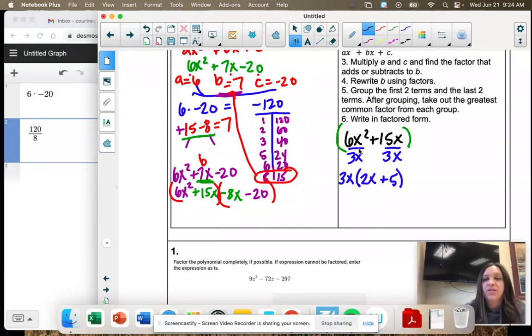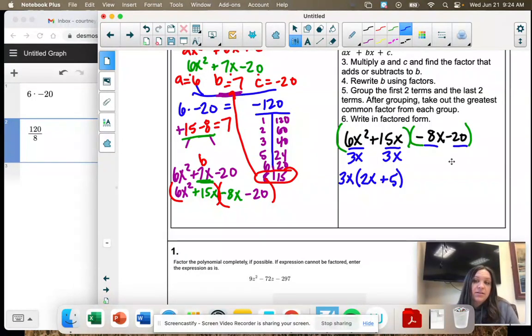Okay, my second group is negative 8x minus 20. And now I'm just going to look at that group. What's the greatest common factor? Well, only one term has an x, so x isn't included, but we have 8 and 20. So what's the greatest that divides by? 4. And if they're both negative, I want you to take the negative.